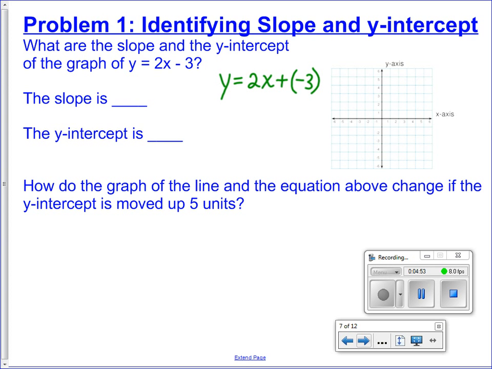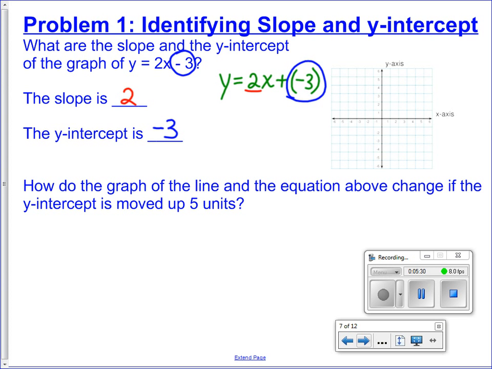All right, so we should easily be able to identify our slope is always the coefficient of the x, so the slope would be 2, and the y-intercept is what is added onto it. So in this case, it's negative 3. If you look at the original equation, just note that you have to take the operation with the number. So minus 3 is the same as adding negative 3.